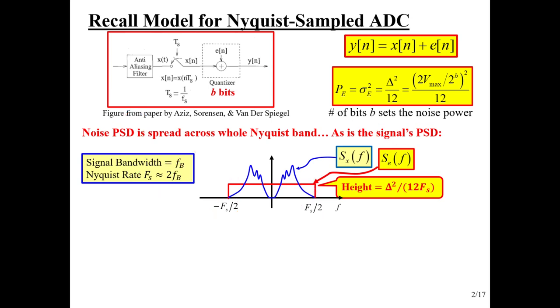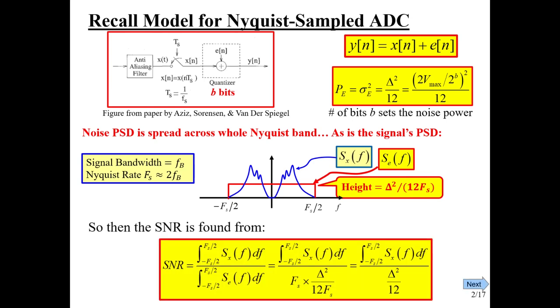Now, we know that if the power of the noise is delta squared over 12 and the width of this is Fs, delta squared over 12 has to be equal to the area of this red rectangle. So from that, we can deduce the height, delta squared over 12 divided by Fs, or delta squared over 12 Fs. So now we know what the height of that is.